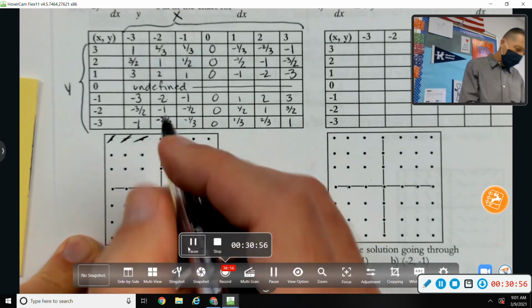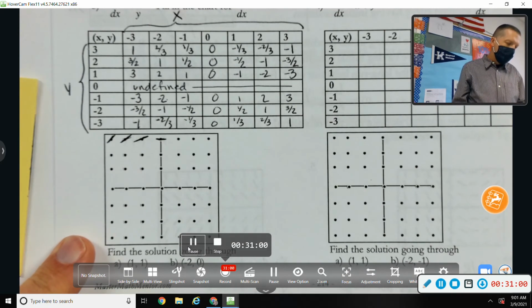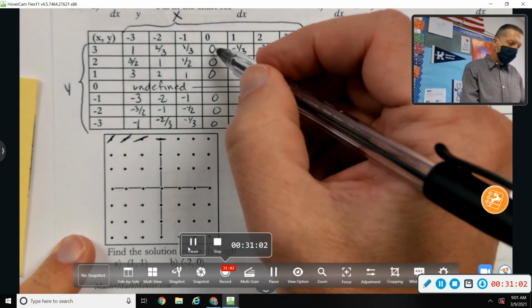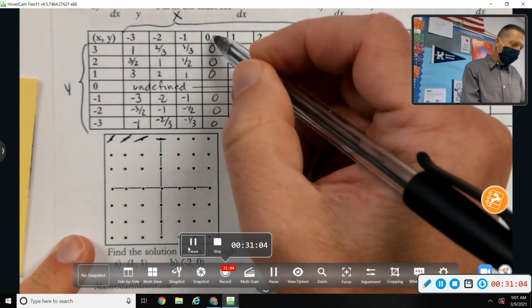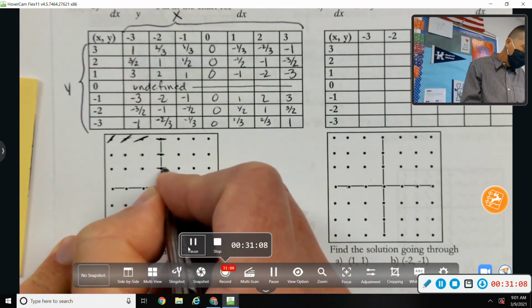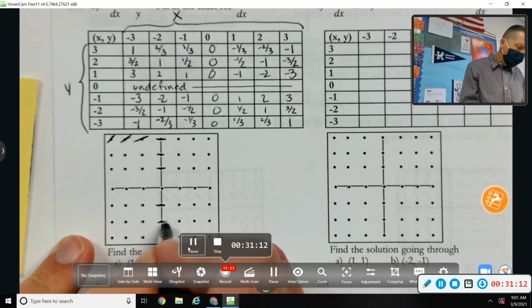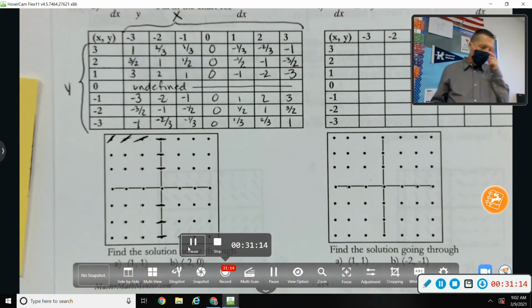And then when I get to x equals 0, the slope is 0. In fact, I don't think it's shortcutting to just say, you know what, when x is 0, all the slopes, well, not all the slopes, 0, 0 is still undefined, but all the other x equals 0s have a 0 slope.